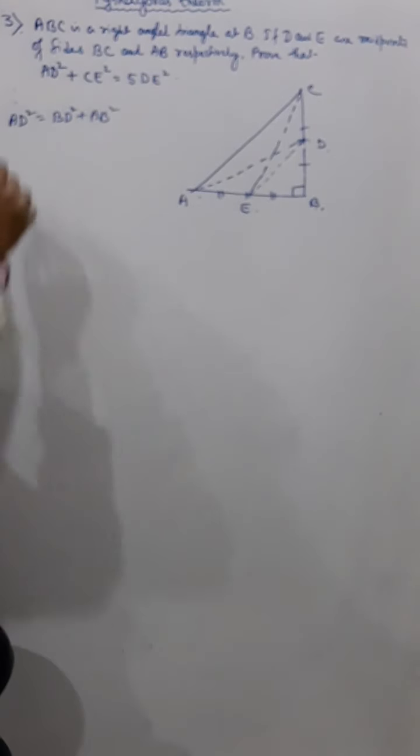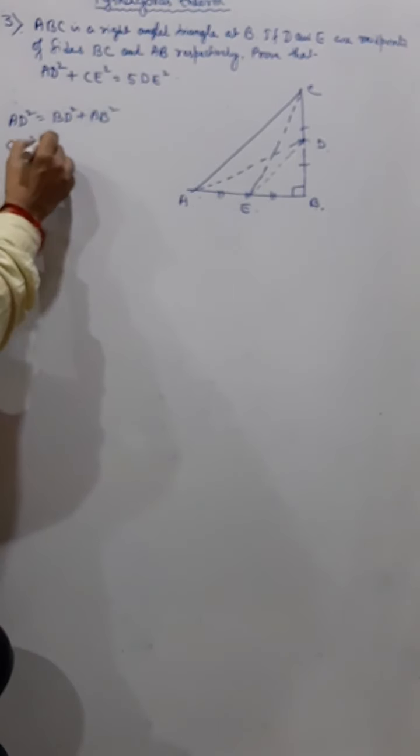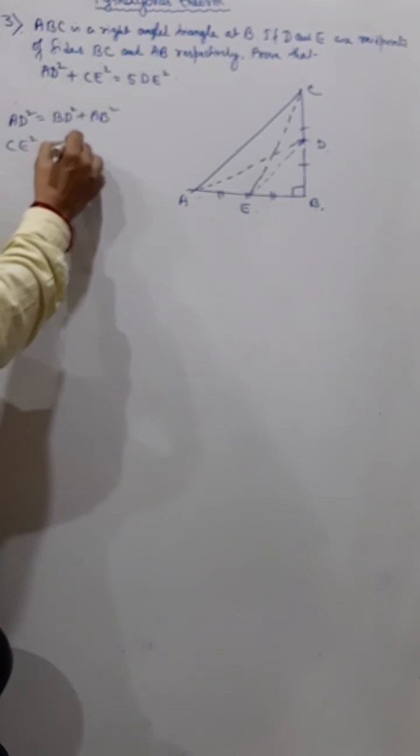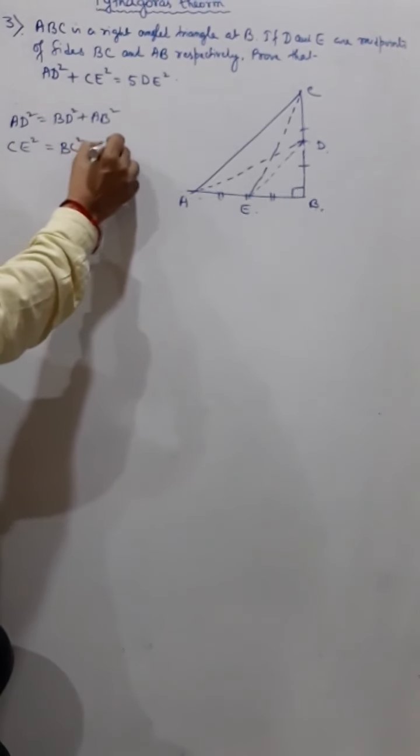BD square plus AB square, and then CE square. CE square is BC square plus BE square.